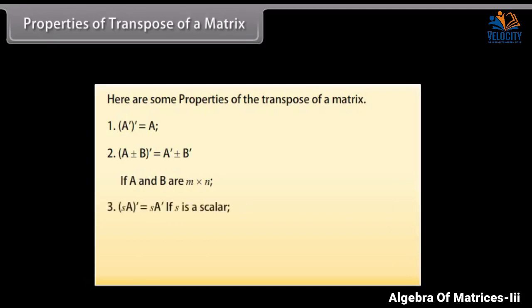Third, transpose of S into matrix A is equal to S into transpose of A, if S is a scalar. Fourth, transpose of matrix AB is equal to transpose of B into transpose of A, if A is m by n and B is n by p.